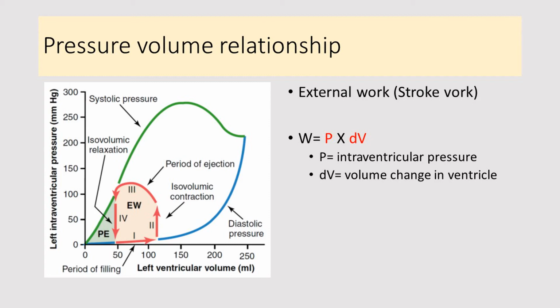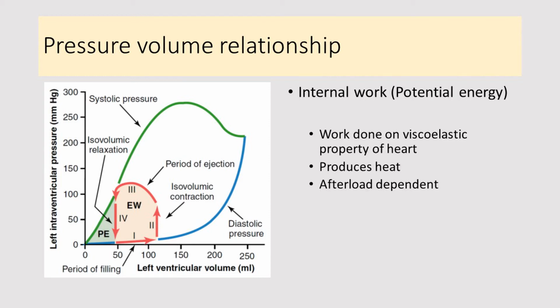This intraventricular pressure depends on the resistance offered by the peripheral circulation or the great vessels, that is the mean aortic pressure. So the factors affecting external work are the mean aortic pressure and the change in the ventricular volume, that is the stroke volume. Now let's understand the internal work.